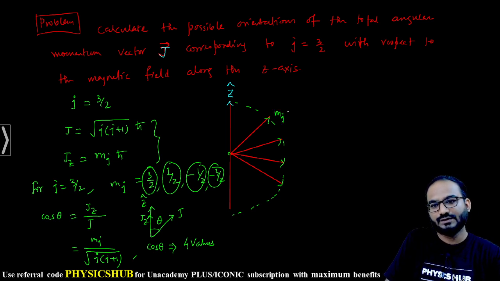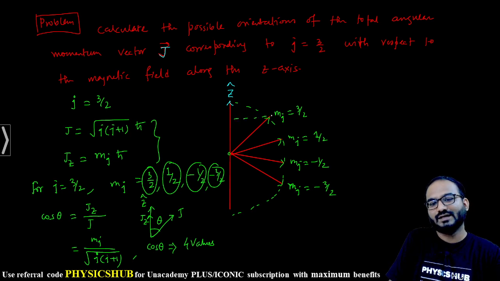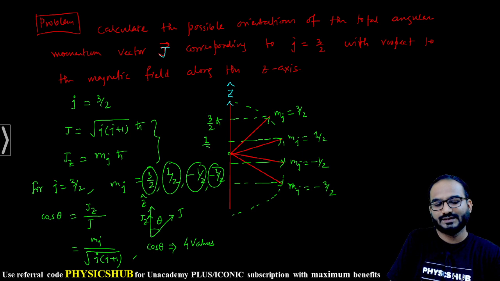So this value corresponds to mj equals plus 3 by 2, this corresponds to mj equals half, this corresponds to mj equals minus half, this corresponds to mj equals minus 3 by 2. And what is the value of jz? Jz equals mj h cut. So this will be 3 by 2 h cut, this will be half h cut, this will be minus half h cut, this will be minus 3 by 2 h cut.